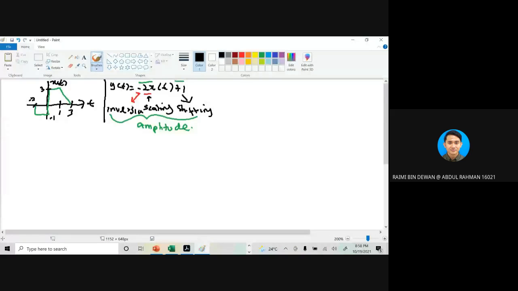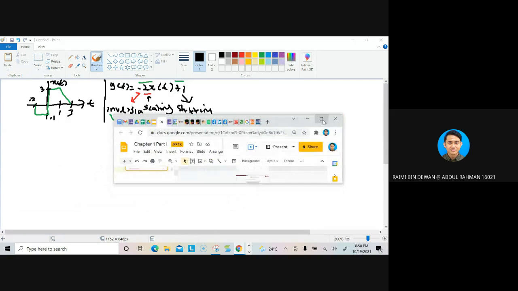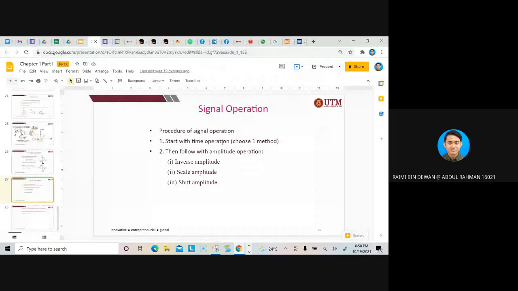So you can see your signal here will experience amplitude inversion, amplitude scaling and amplitude shifting. Here is the procedure of signal operation.